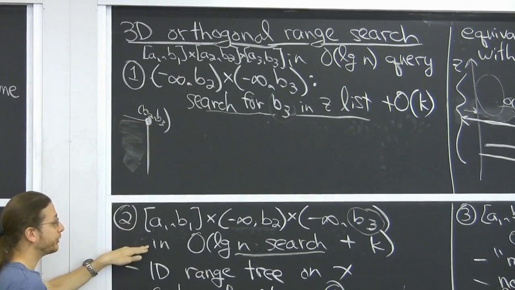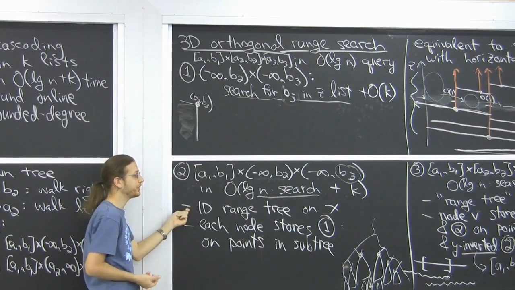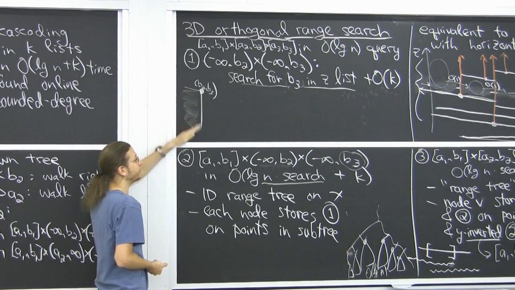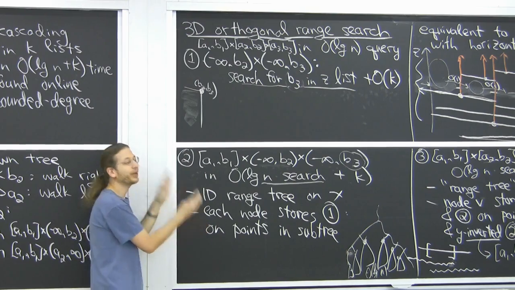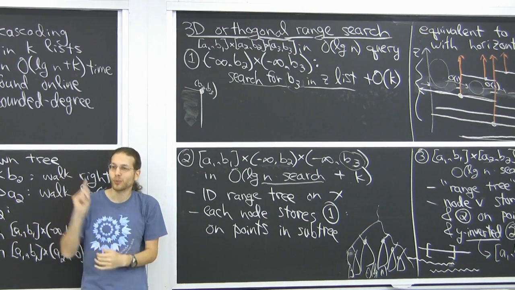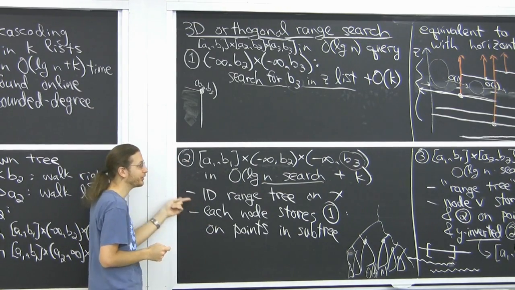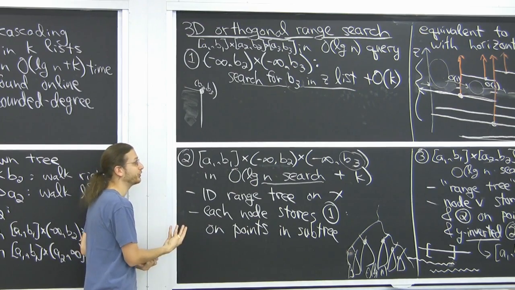We could add a dimension. Here, to add a dimension, we just use range trees. This is kind of pathetic. Every time we do this, we're going to pay a log n factor. So we could afford to do it once and get to 3D. We paid a log n factor here, but we were lucky: fractional cascading will remove 1 log factor, but only 1. If we had to go to 4 dimensions, we'd have to use another level of range trees. And then we'd get log squared searches.